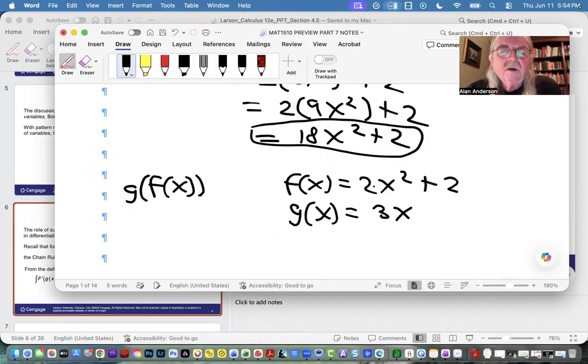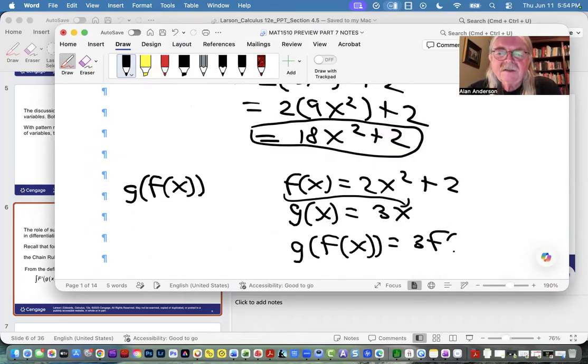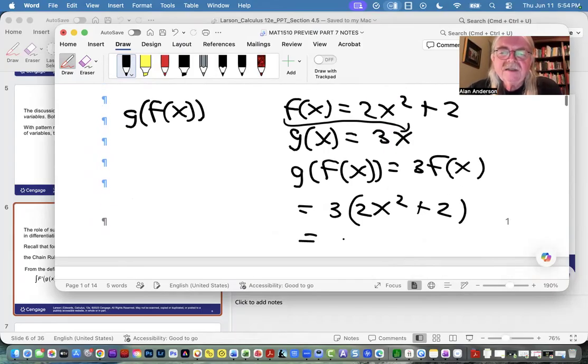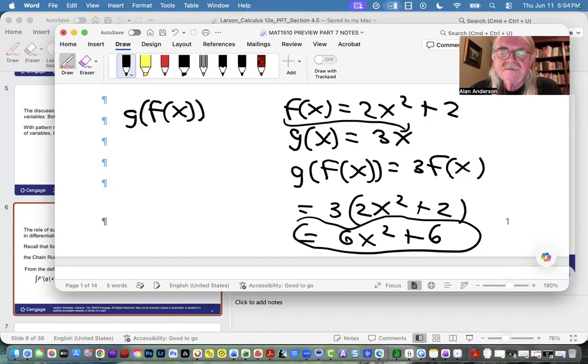Everywhere in g of x you see an x, we'll replace it with f of x. So this becomes 3 times f of x. And now we substitute 2x squared plus 2, and we multiply it out. And this is our composite function, g of f of x.